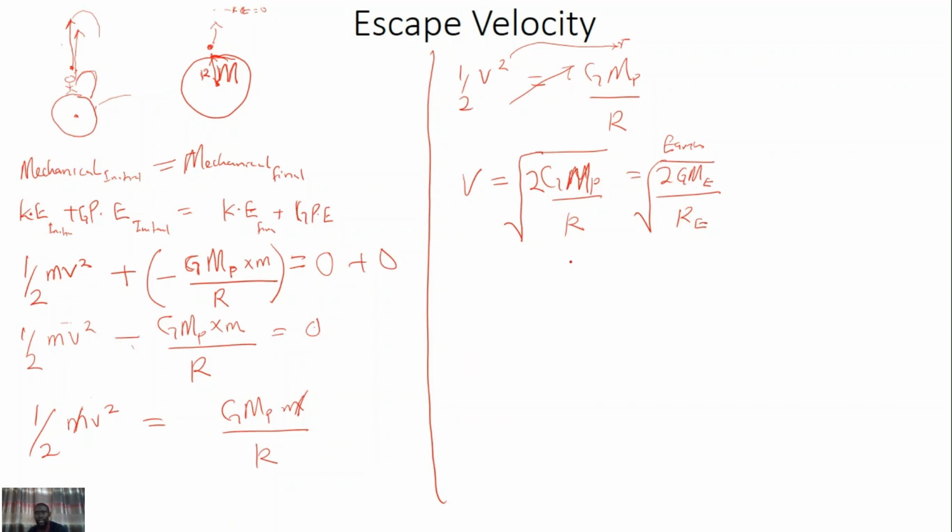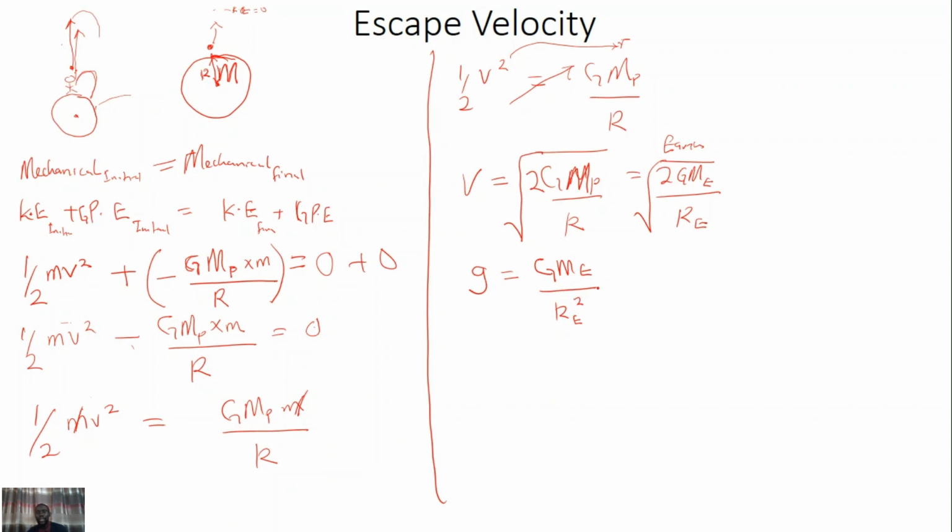Okay, but if you watch my video on gravitational potential and gravitational potential energy, we derived g, which is acceleration due to gravity, to be equal to GMe all over Re squared.